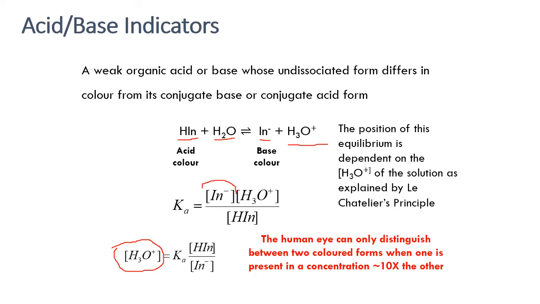So higher concentrations of acid will result in production of more of the acid form, showing more acid color. And if that is lower, we're going to have increased base color in a basic solution.